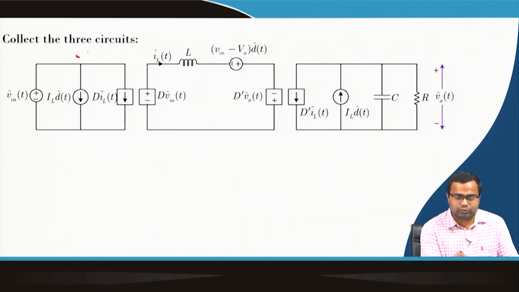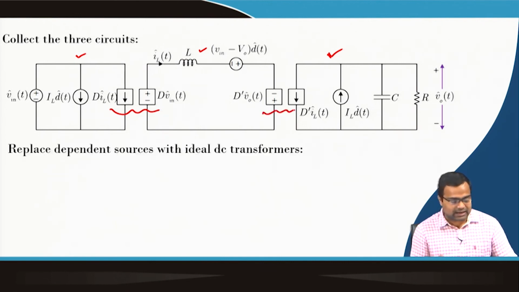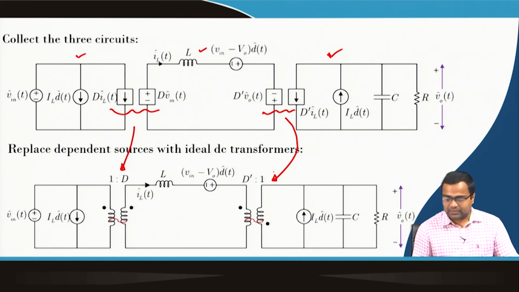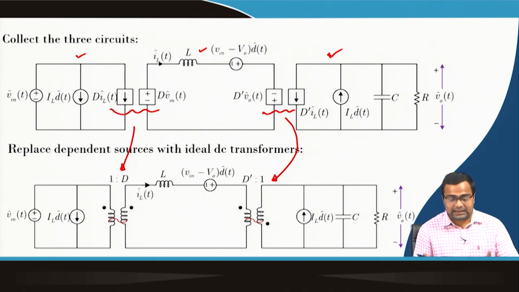The first term is the input current, the second term is the inductor current, and the third term is the output voltage. And you see, in between these two, we can represent using a DC transformer, the same thing here also, and if you do that, this can be replaced by a DC transformer and this can be replaced by a DC transformer, and we can get the complete equivalent circuit of an inverting buck boost converter, and that can be easily derived using the circuit averaging technique.